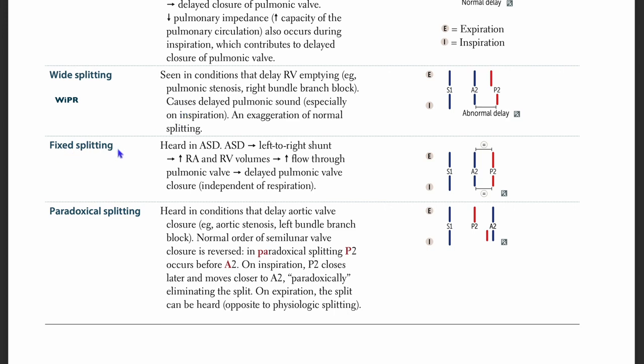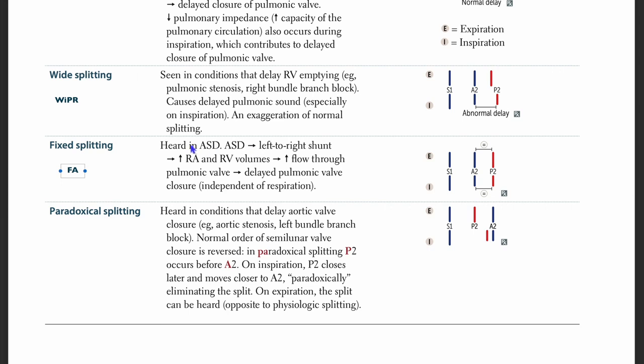Then you have fixed splitting, that's heard in ASD, atrial septal defect. The mnemonic for this is first aid, or FA. So fixed splitting is FA for ASD, atrial septal defect.